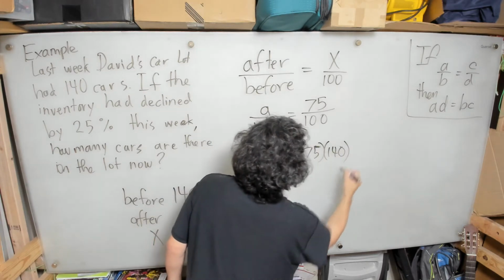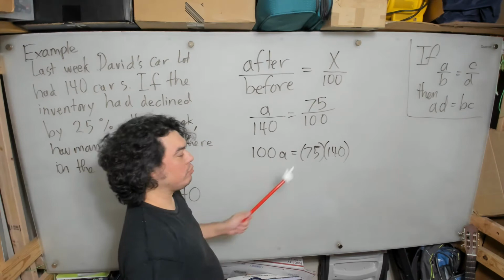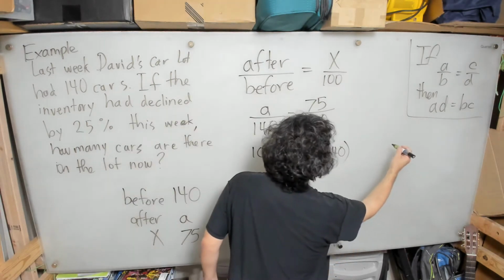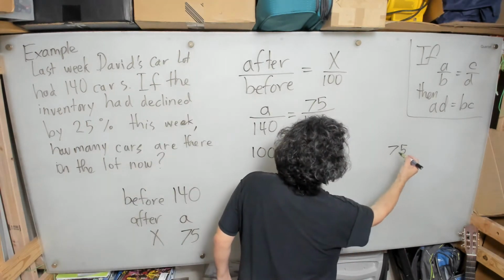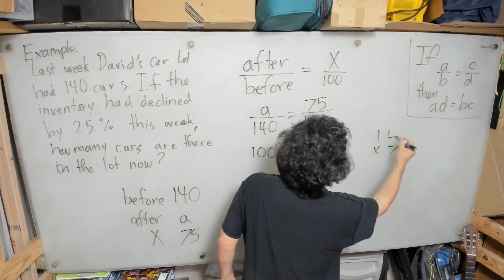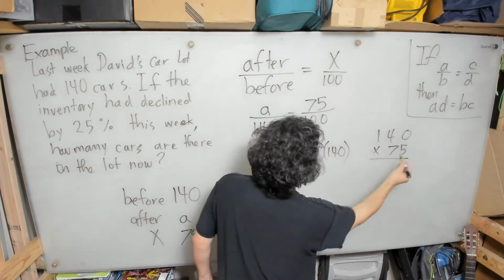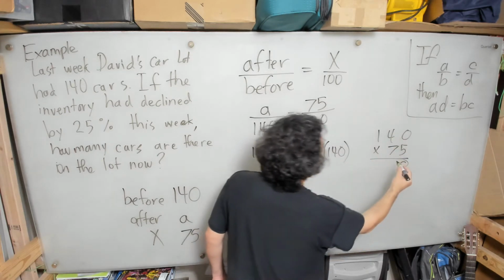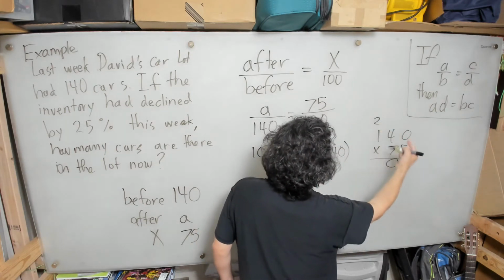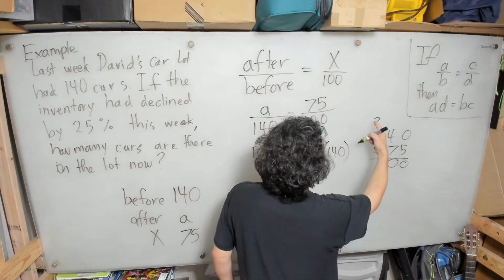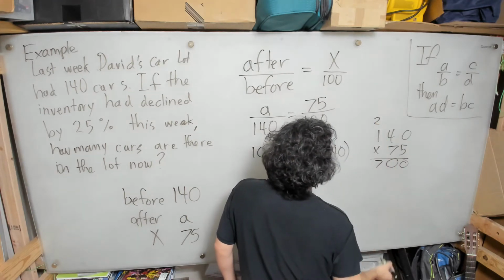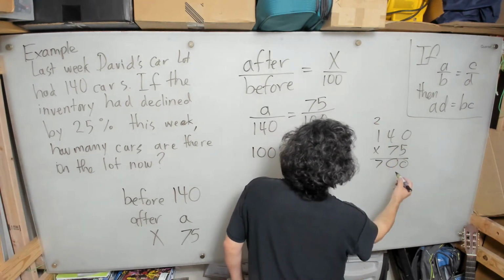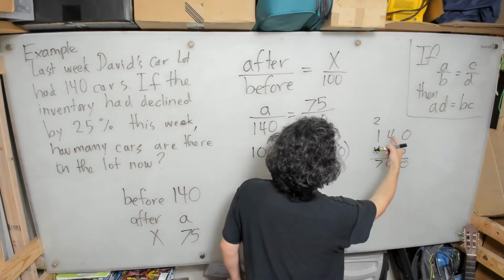So now, I'm going to carry out this multiplication over here. 75 times 140. 5 times 0 is 0. 5 times 4, that's 20. I bring down my 0, carry my 2. 5 times 1, that's 5. 6, 7. When I add the 2. 7 times 0 is 0. 7 times 4 is 28.